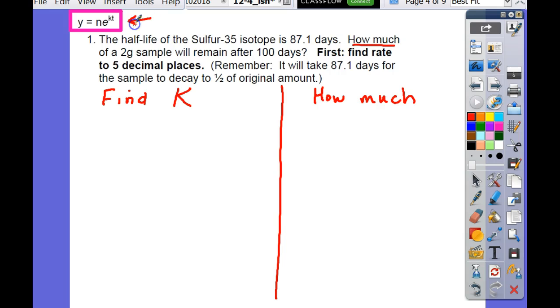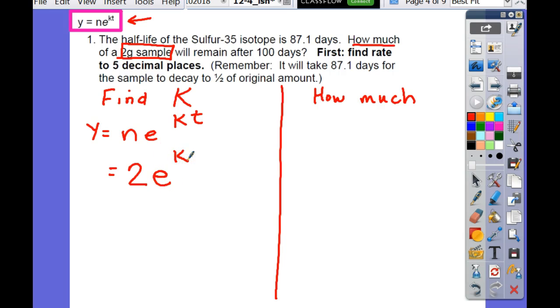In our problems, we're going to use this formula. N stands for the amount that we start with. How much do we start with? When it says sample, that means how much you start with. So we're going to start with 2 grams.